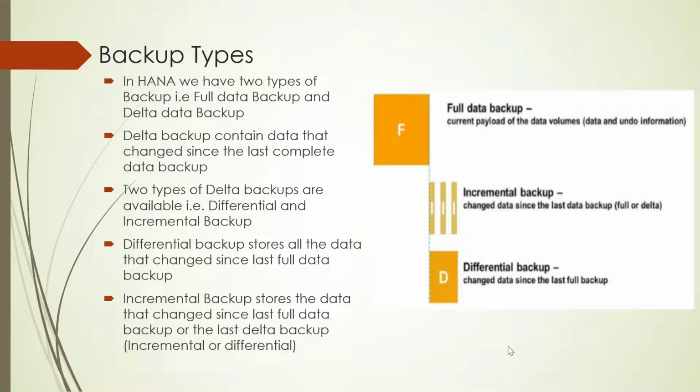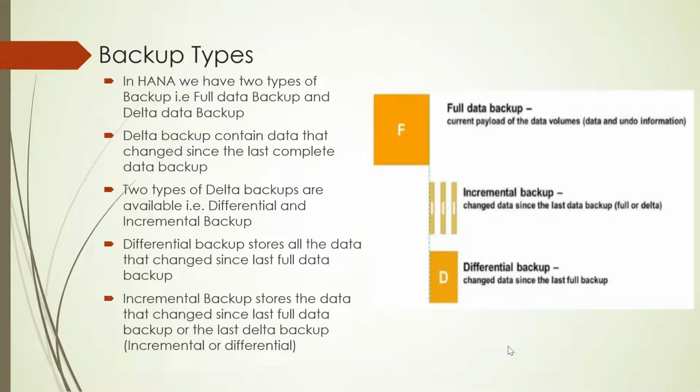If you schedule the incremental backups, then it will take a backup of the data which has changed since the last database backup. For example, you have a backup strategy like on the weekend we schedule the full database backup, and then Monday to Saturday we'll have the incremental backups. So in this case, your full database backup will trigger on Sunday, and then after that incremental backup on Monday.